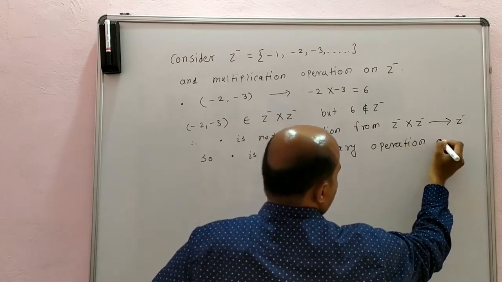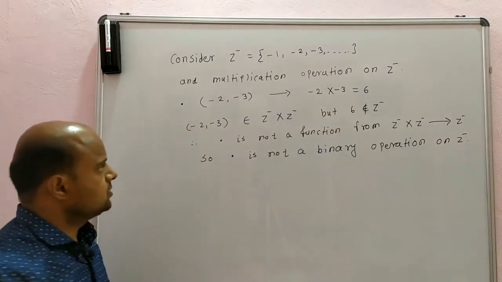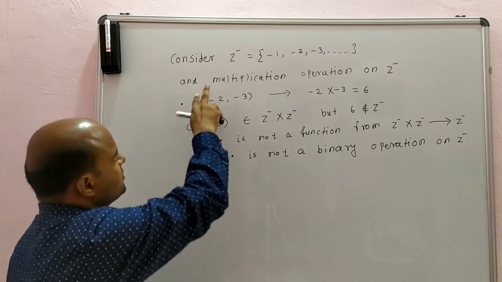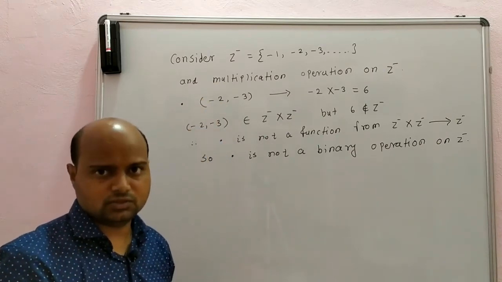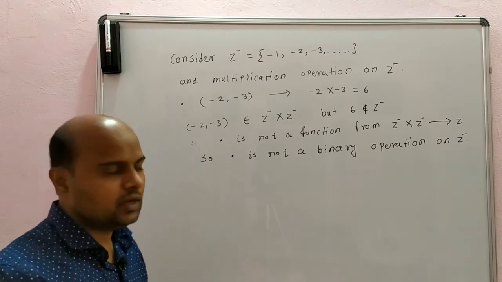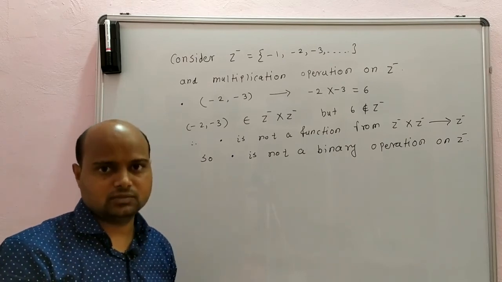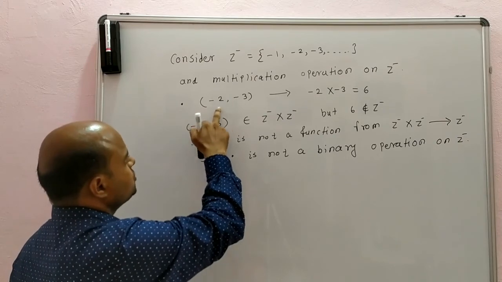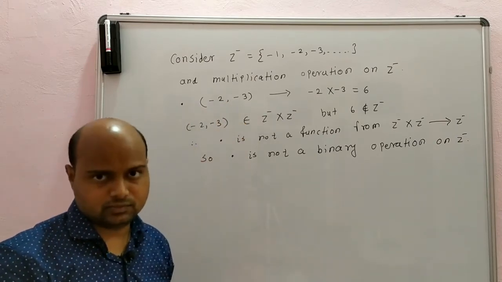Operation on Z minus. See here, consider Z minus, the set of all negative integers, that is minus 1, minus 2, minus 3 and so on, and consider the multiplication operation on Z minus. Then under multiplication, (minus 2, minus 3) goes to 6.